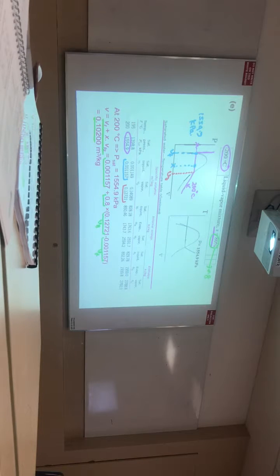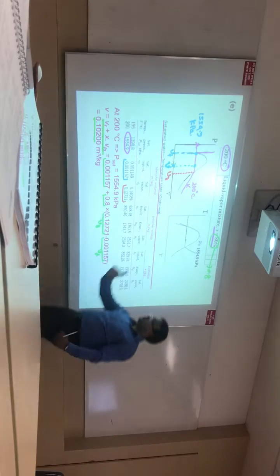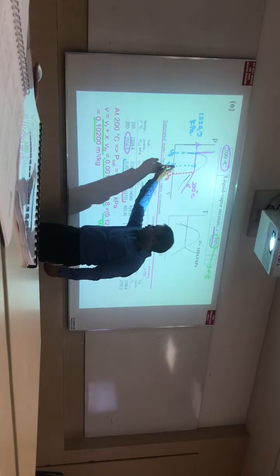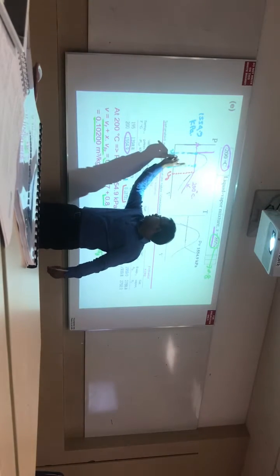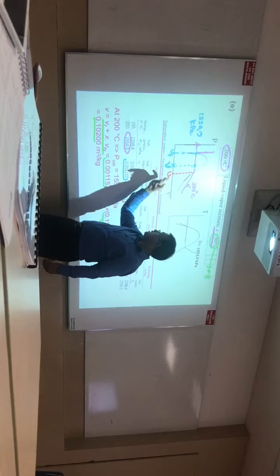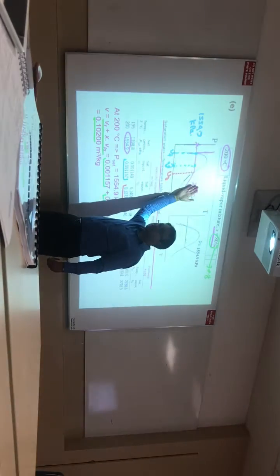Okay, this indicates the state point V. So, I am going to calculate this value V, employing this equation. Understand? And VF I calculate with respect to this temperature, VG with respect to this temperature.